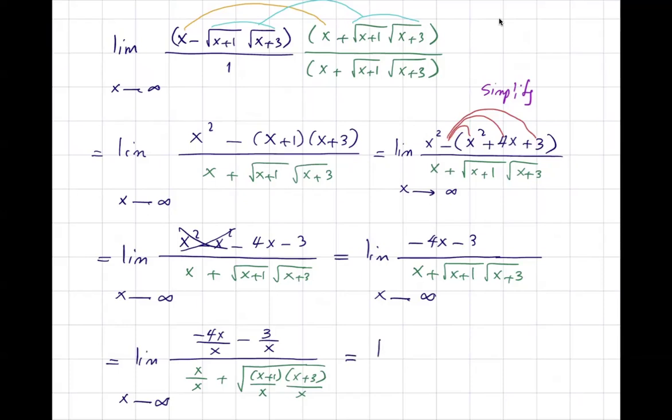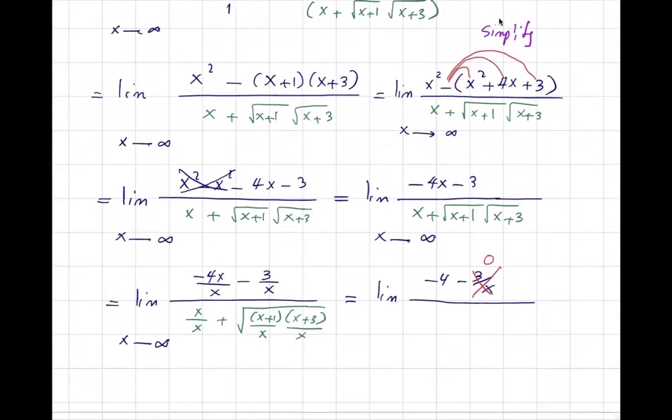So you can simplify this further into the limit of negative 4 minus 3 divided by x, but x goes to infinity, so this is equal to 0. Down here you get 1 plus square root of, well, for each one of these, you get 1 plus 1 over x, and here you have 1 plus 3 over x. Well, as x goes to infinity, these two are equal to 0.